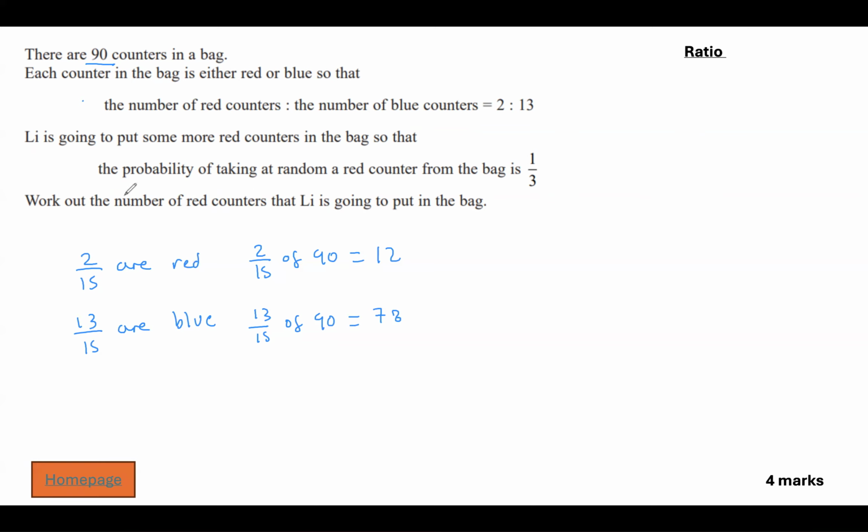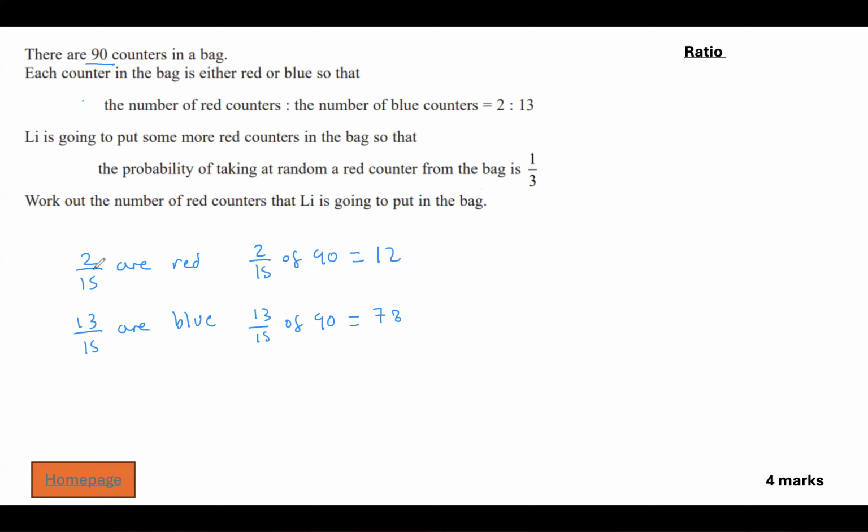Okay, so it says Lee is going to put some more red counters in the bag so that the probability of taking a red counter from the bag is now 1 out of 3.